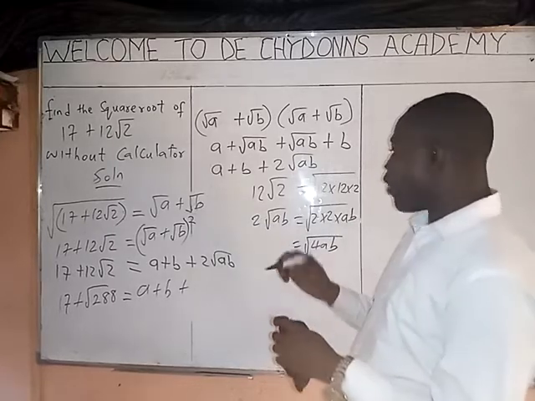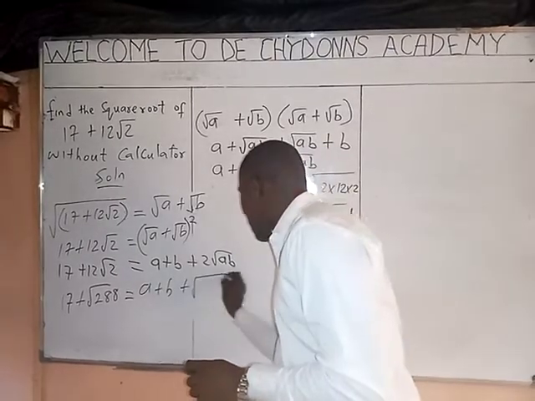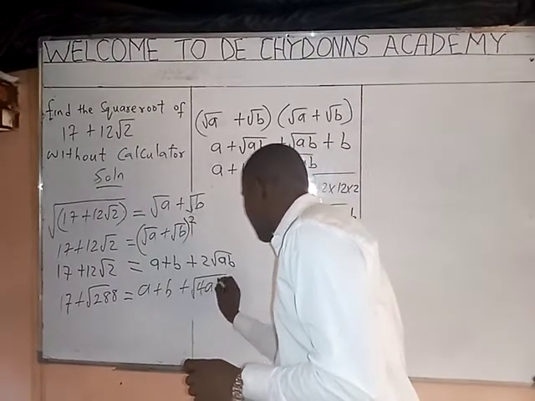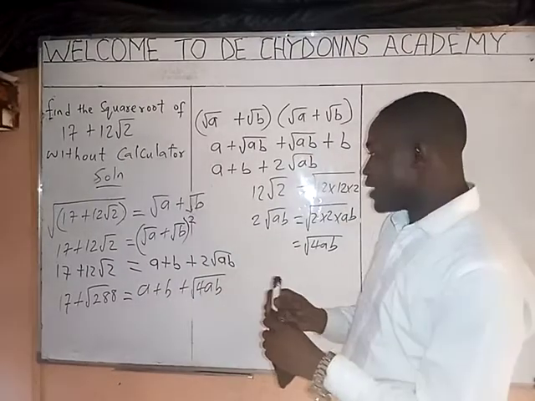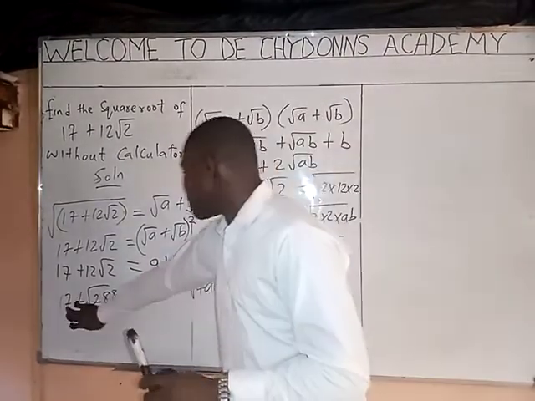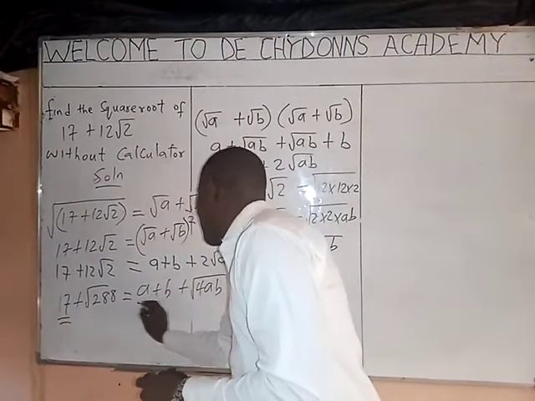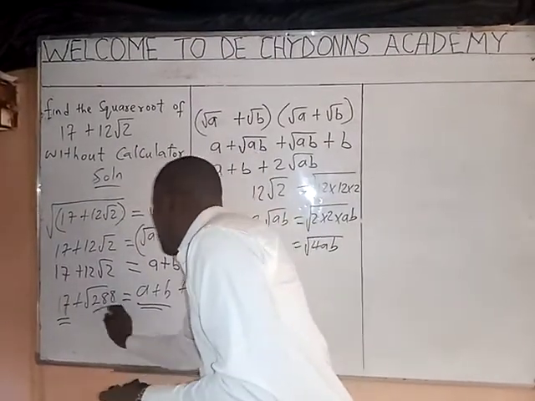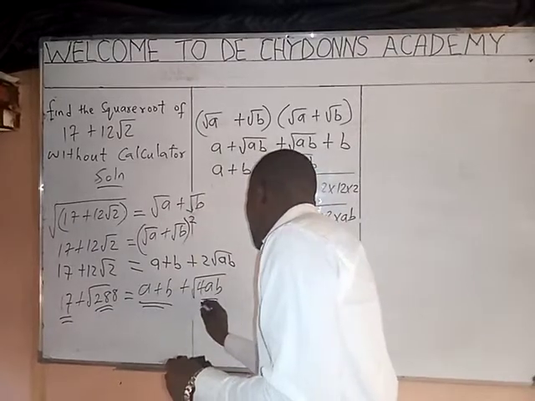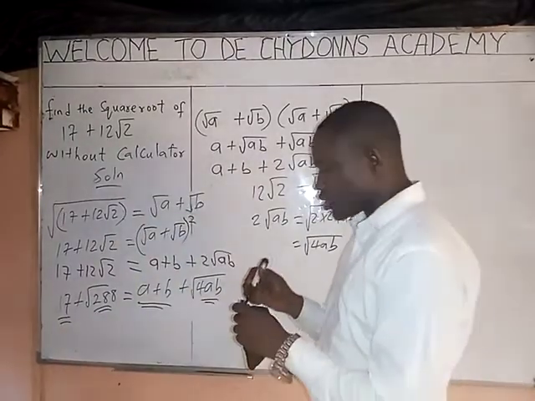So what you'll have here is the square root of 4AB. So this is packaged this way. Then we say that 17 will be equal to A plus B, and 288 will be equal to 4AB by comparison method.